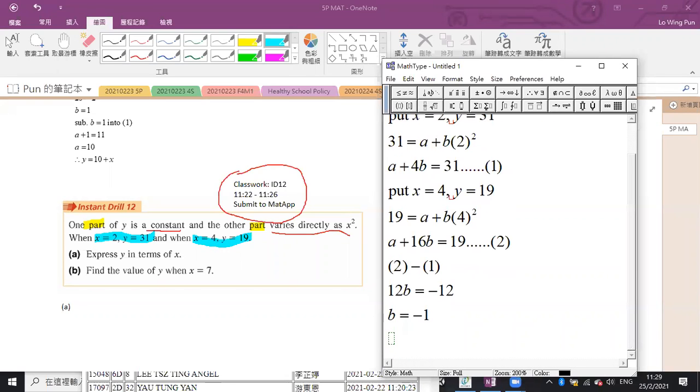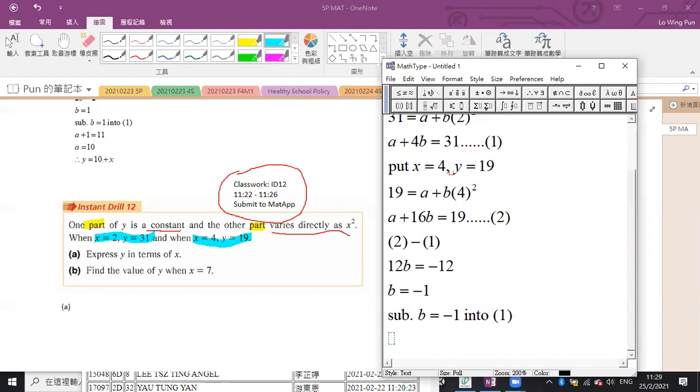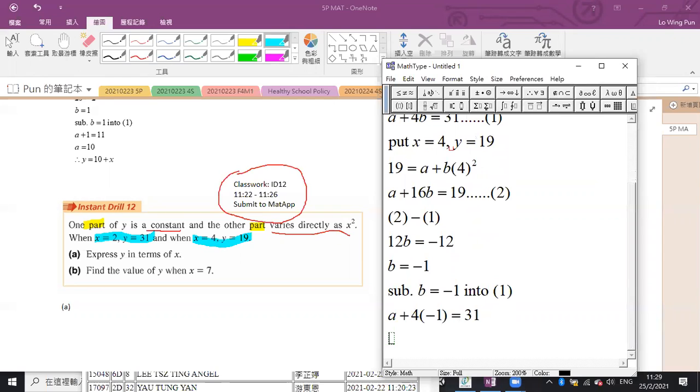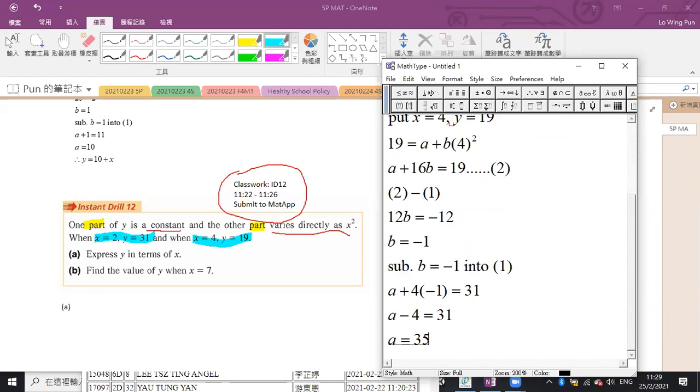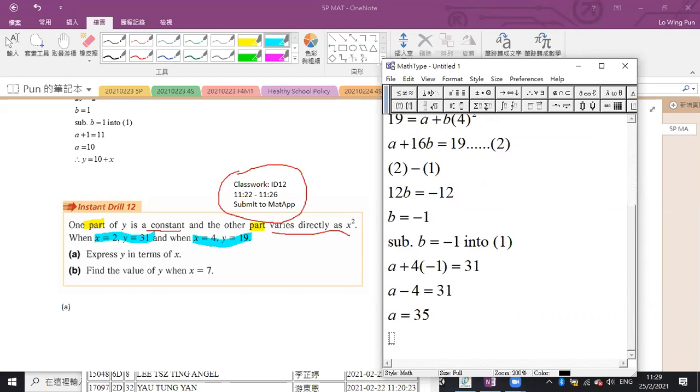After finding the first unknown, we substitute b equals negative 1 into equation 1. So we have a plus 4 times negative 1 is equal to 31. Then a minus 4 is 31, so a is 35. Then we just write down the complete equation.